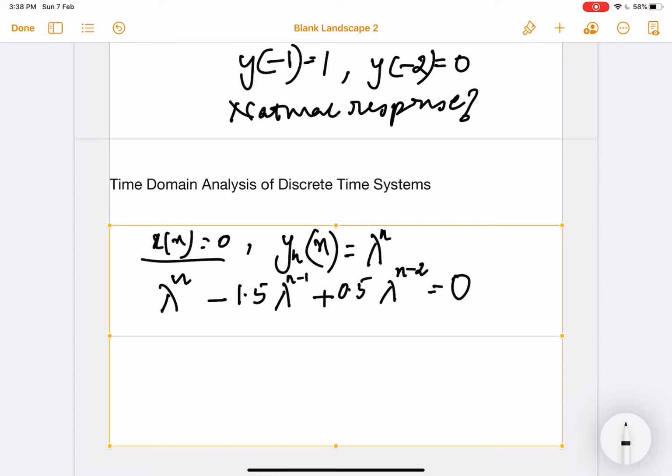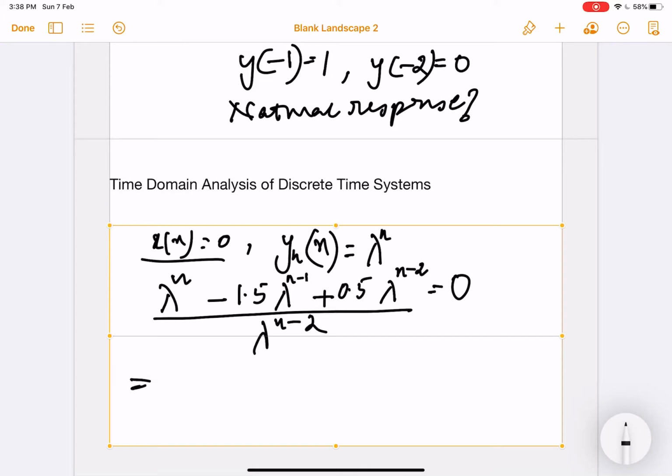Basically, we want to eliminate the n, so let's divide the entire equation by lambda to the power n minus 2. This way n will be eliminated.